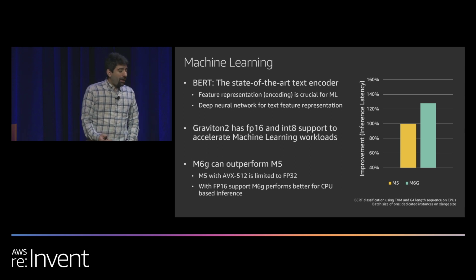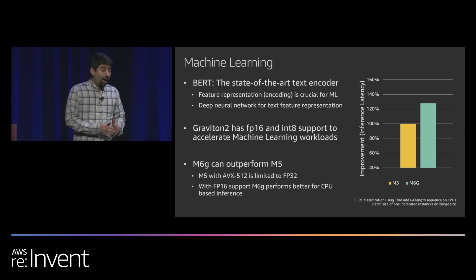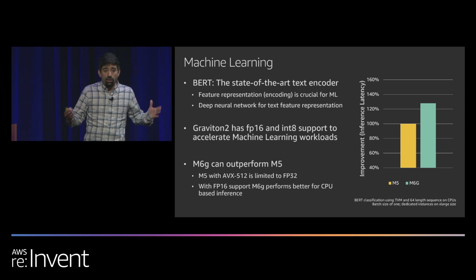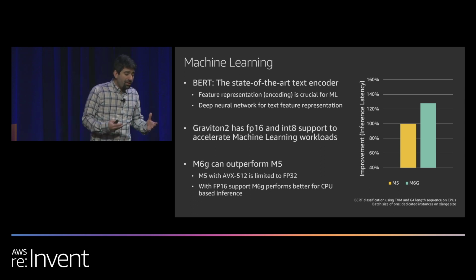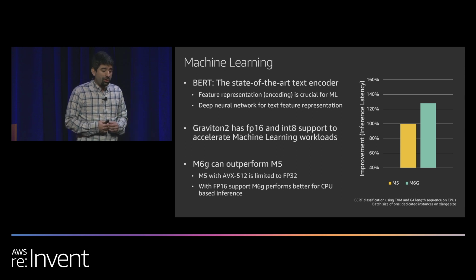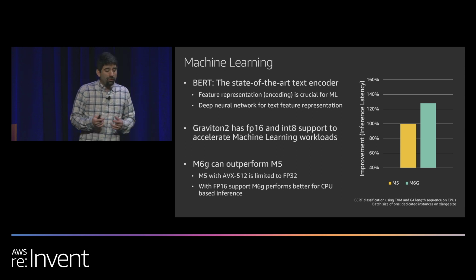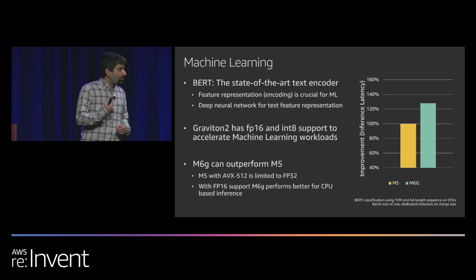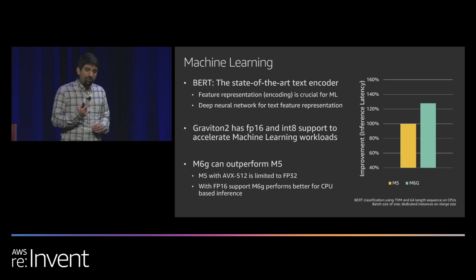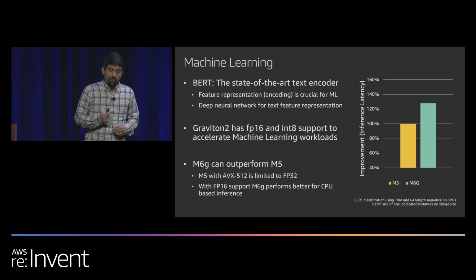Even though the M5 has AVX512, so they have a lot larger SIMD vector width than we do in an M6G, with the FP16 support in M6G, we can see inferences at 28% lower latency with a batch size of 1. So this isn't a throughput exercise. This is sending one inference. How long does it take me to get that one result back?